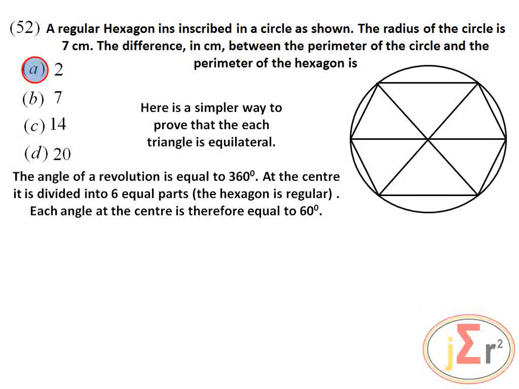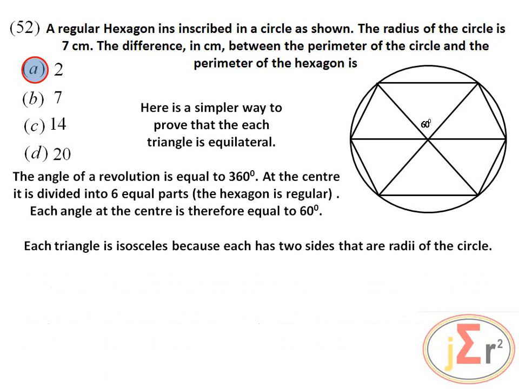Each angle at the center is therefore equal to 60 degrees. So we have 1, 2, 3, 4, 5, 6. So the entire angle of revolution, 360 degrees, will be divided by 6. Each one will be 60 degrees.